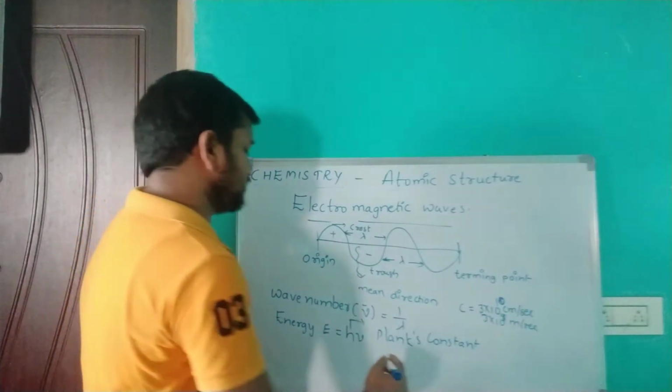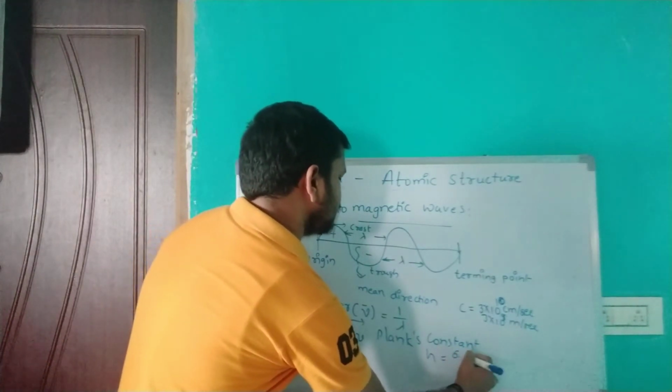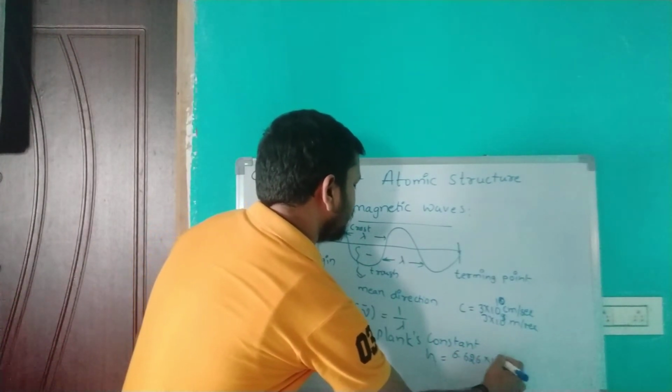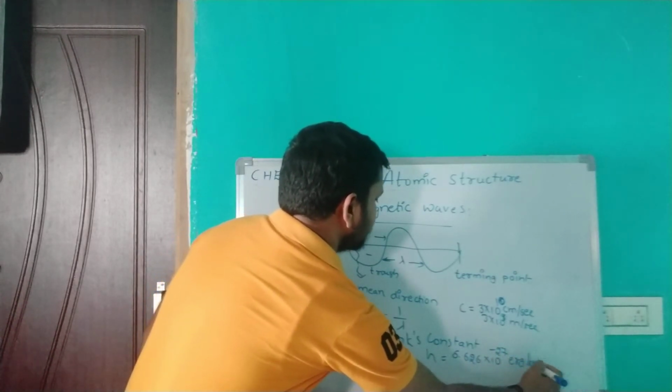In CGS system, Planck constant h is equal to 6.626 into 10 to the power of minus 27 erg per second.